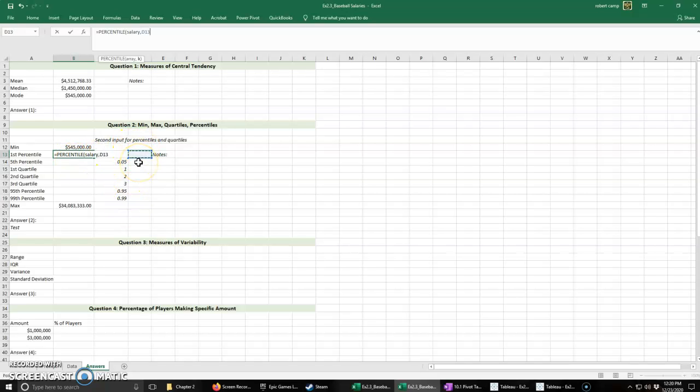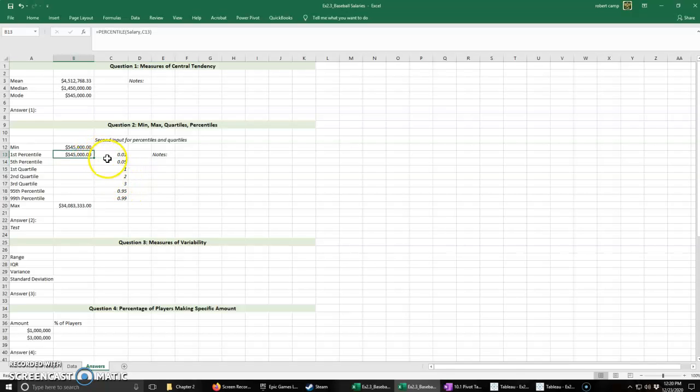So I'm going to click over here, and I'm going to use the left arrow to move it to C13. And so there we go. I'm going to close that out. And so the first percentile on our distribution, all the way at 1%, is going to be 545.